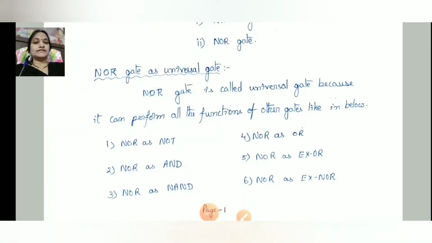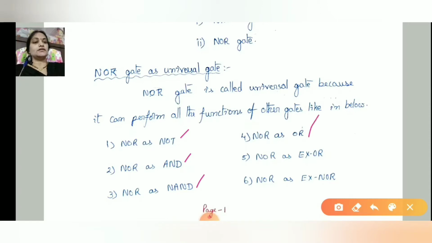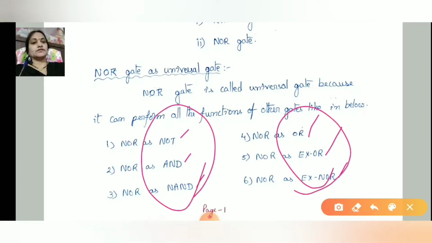Here, look at this chart. NOR as NOT, AND, NAND, NOR as OR, XOR, XNOR. So, we have to derive all these gates by using only NOR gates. That means we have given many number of NOR gates, but we don't have other gates. But we have to satisfy all the other gates by using NOR gates.